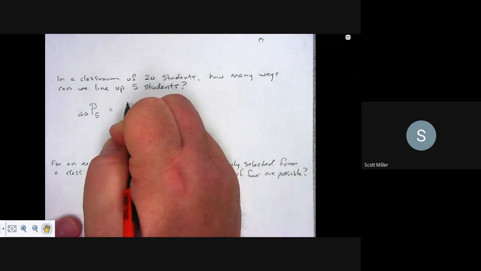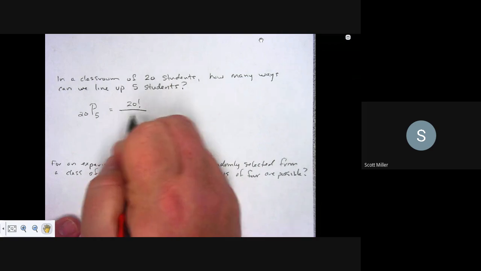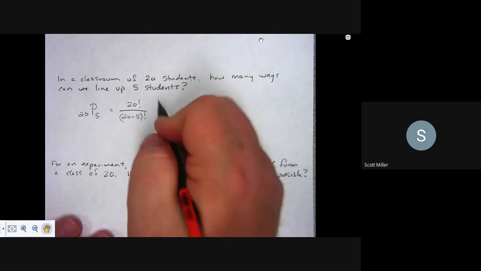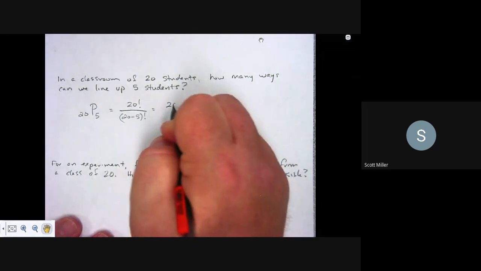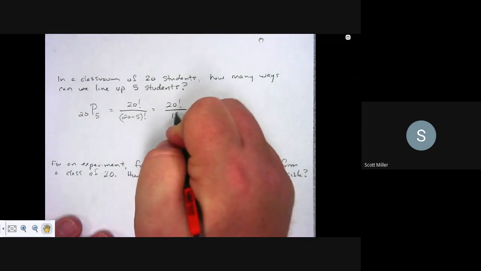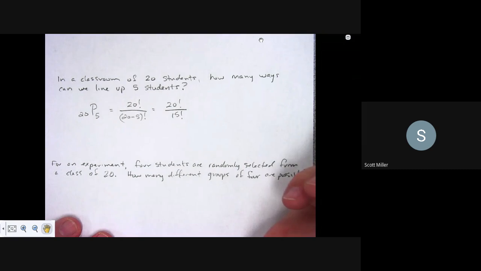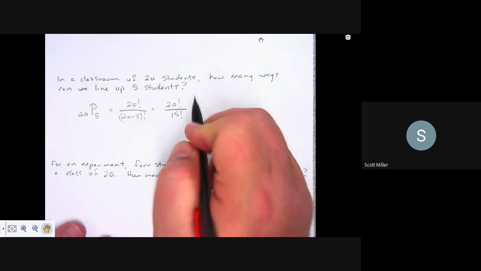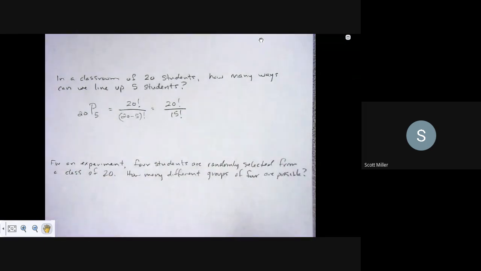By formula, this is 20 factorial divided by n minus r factorial, which is 15. So this is 20 factorial divided by 15 factorial. And then we can work this out, because you'll notice it gives you an alternative way to look at this problem. There's 2 ways to look at this.